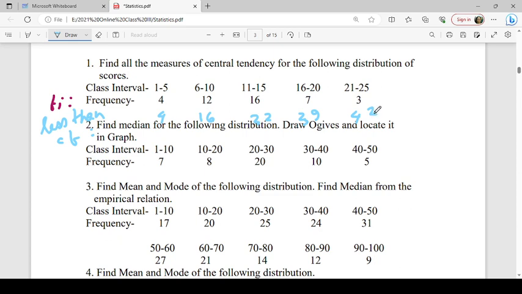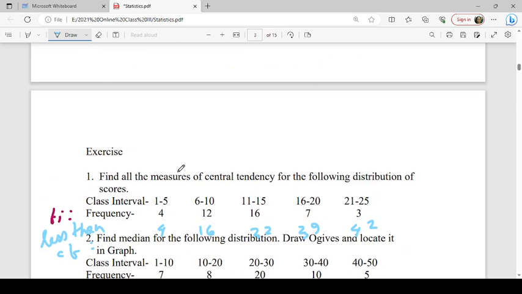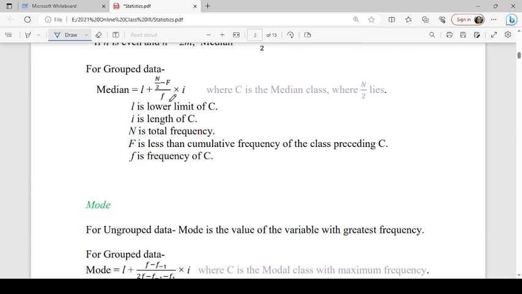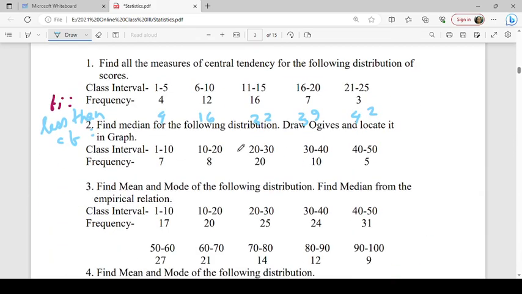And what we need here is n by 2. N means 42 here, so n by 2 is 21, and where does 21 lie? Here you see, 21 lies here, between the 16th one and the 32nd one. So we write C as the class 11 to 15.